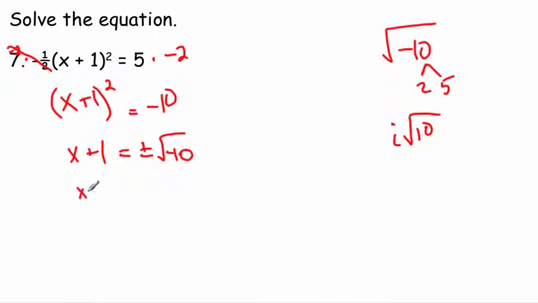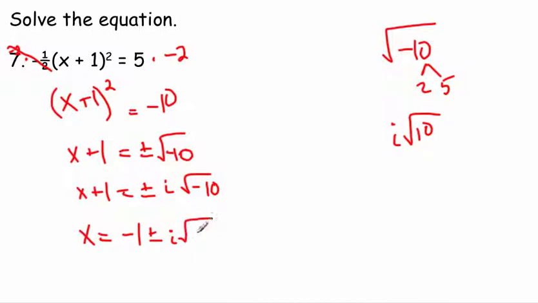So x plus 1 equals plus minus i square root of 10. I know that might look like a 40 to you, but that's actually -10. So then I'm going to move the 1 over and make it negative. So x equals -1 plus minus i square root of 10. And there's the solution.